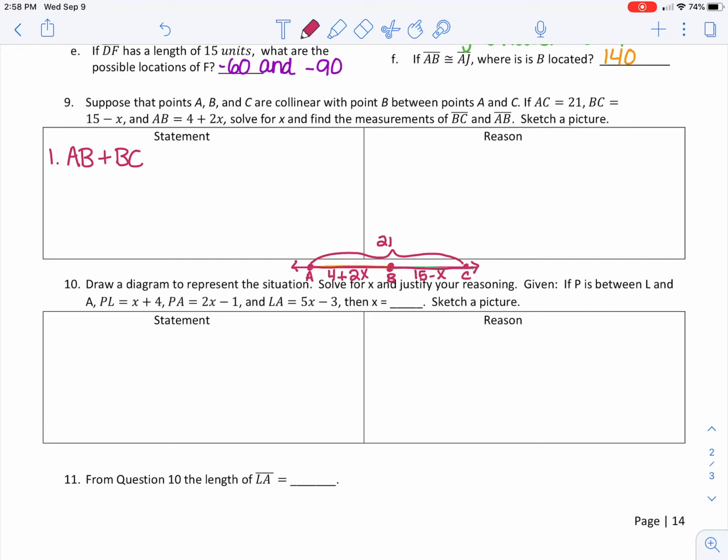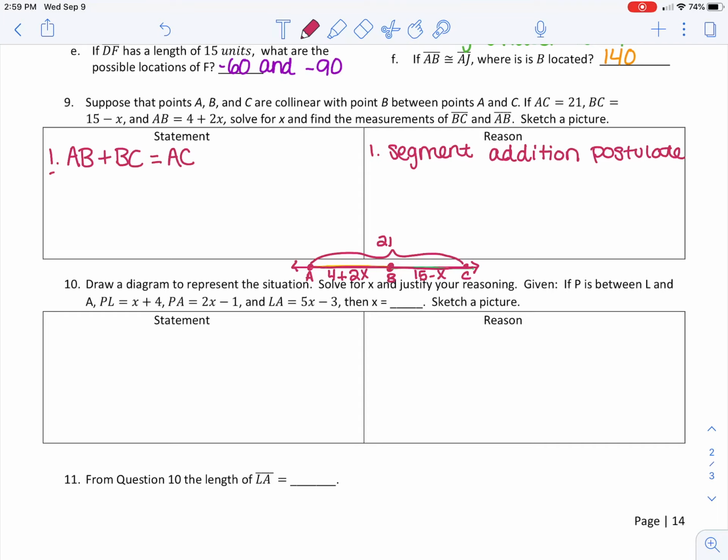So it's equal to AC. The reasoning for this is what we call the segment addition postulate. We're adding segments together to get our full segment.